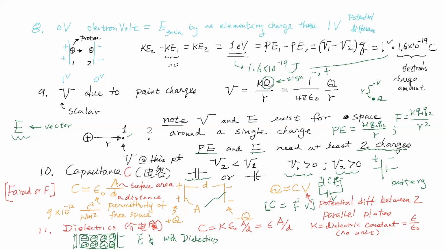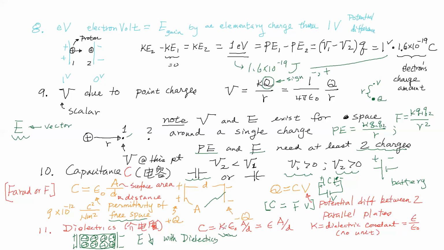Okay. Now if we don't want free space, instead we put a dielectric material in the middle like that. It can be paper or some kind of plastic. Once you put it in there, the formula will become K epsilon 0.